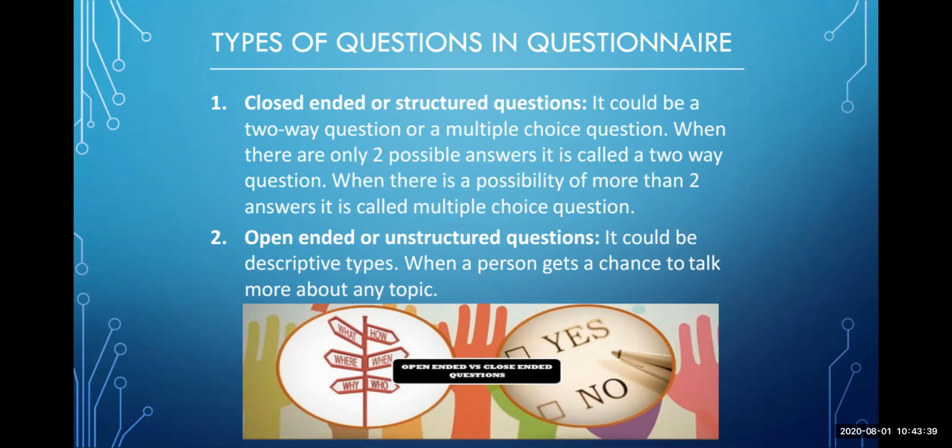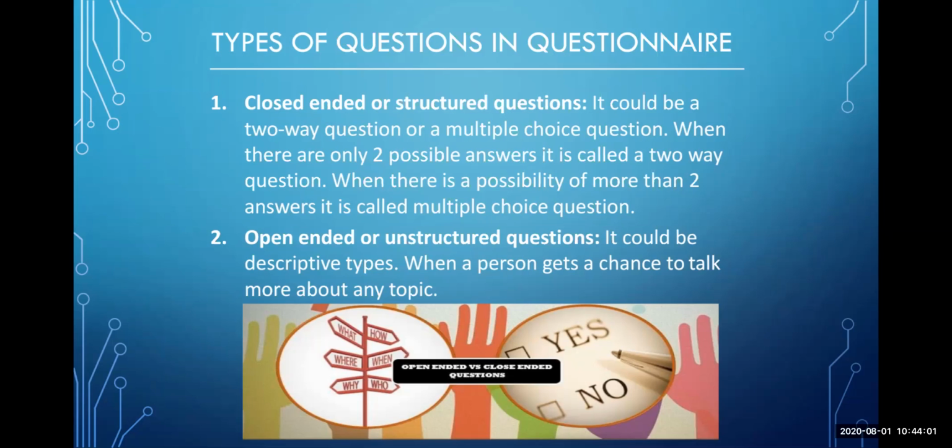Like if I ask you, do you use Pepsodent? The answer is only two-way, either yes or no. Then the next question, if I ask you which toothpaste are you using, and I give you the options Close Up, Pepsodent, Dabur or Meswak, now here the options could be multiple.